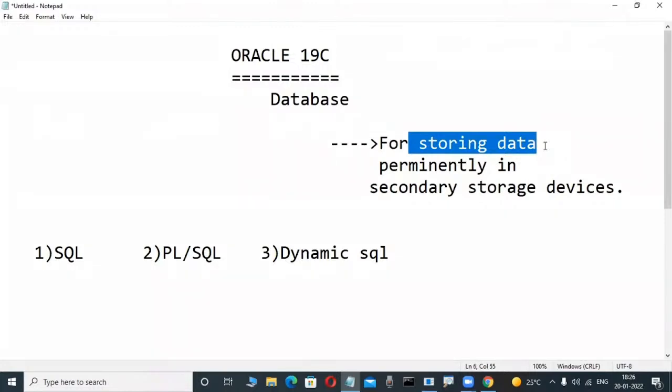But that is absolutely wrong. Not only storing data, so many things are there. Actually, databases mean not only storing data, but also efficient retrieval of data is important. Suppose, for example, observe the screen.